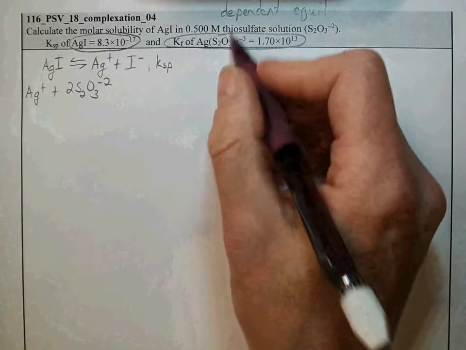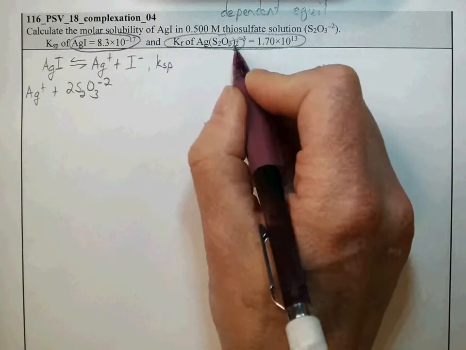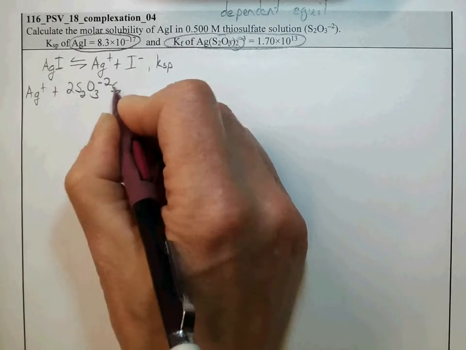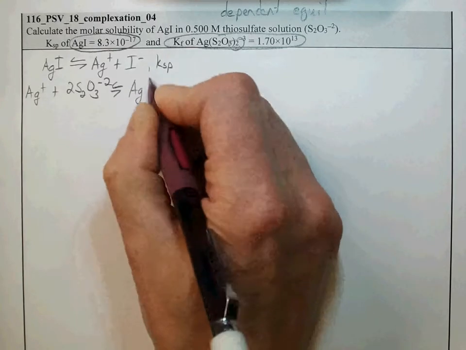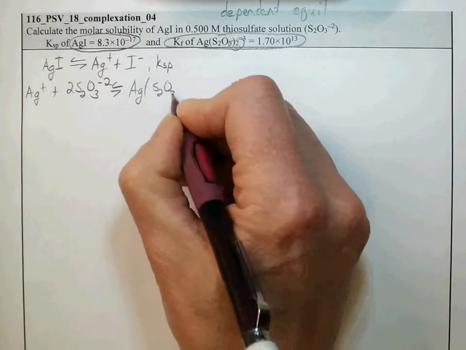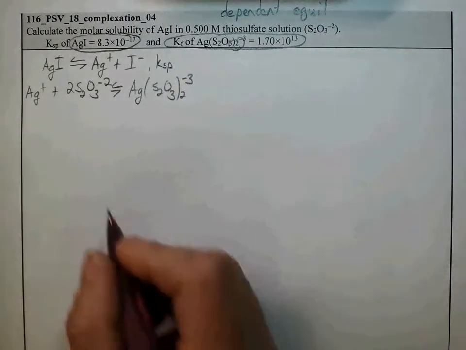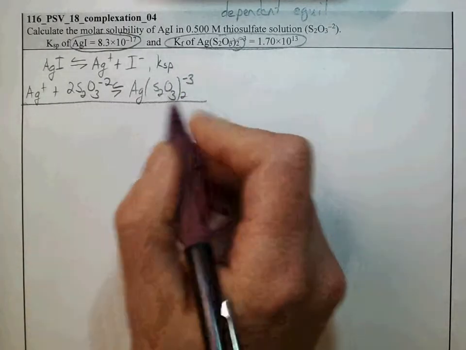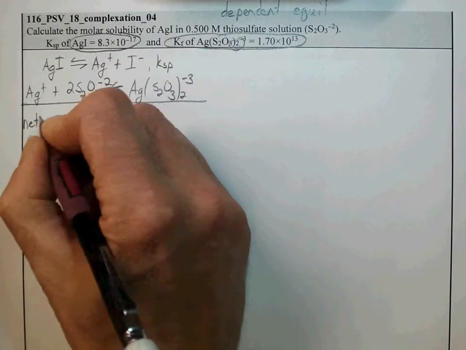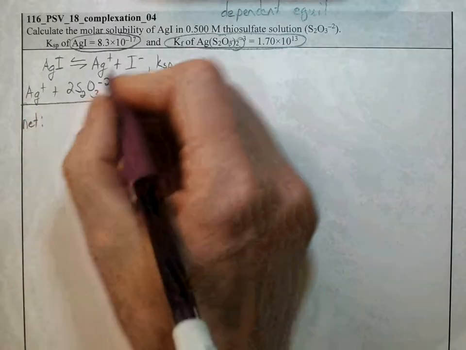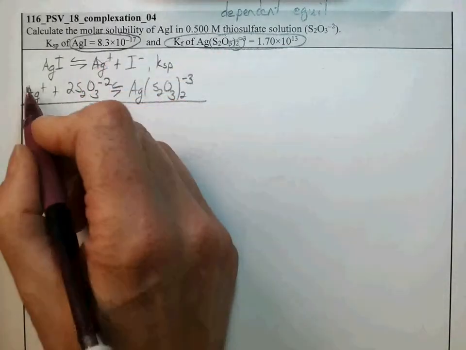Alright, our thiosulfate, we know we require 2 of them. We can tell from the formula of the complex ion. Alright, so our net reaction is going to be the sum of these 2 reactions. So Ag is released, consumed.